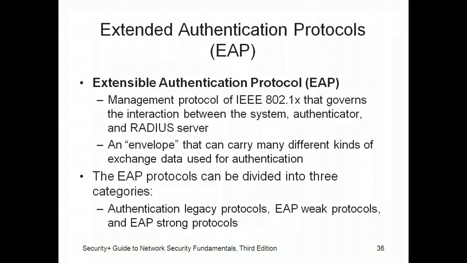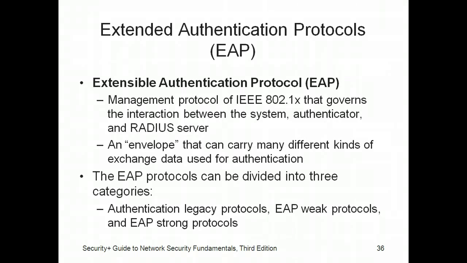The last one I'll mention is the Extended Authentication Protocol, EAP. This basically is a governor for RADIUS servers, an envelope to add for weak passwords, weak security, and basically those two things, passwords, security, and protocols.